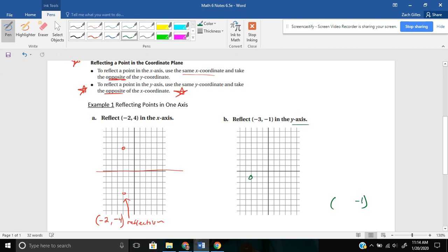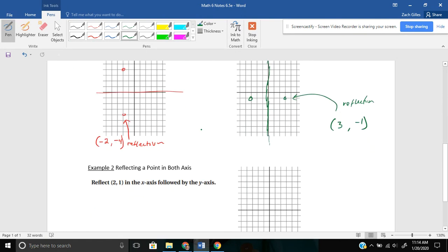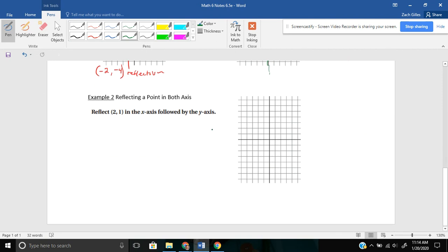I use the same y and take the opposite of the x. So the opposite of -3 would be +3. All right, so graphing 3, -1, I'd go right 3 and down 1 right there. There is the reflection if I were to reflect it across the y-axis.